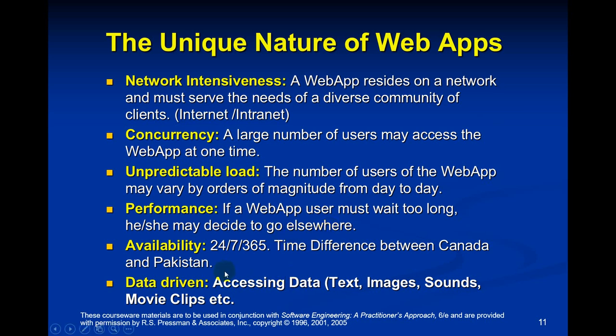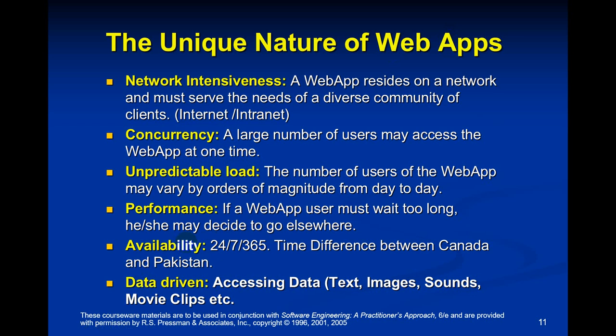And then availability. Whenever there is something on a server, then it must always be available. You cannot say that it will work from 9 o'clock to 5 p.m. or 6 p.m. No, it is not like this. When we have web apps, these are being seen from all over the globe.